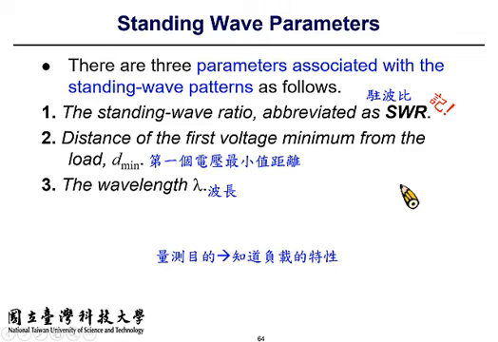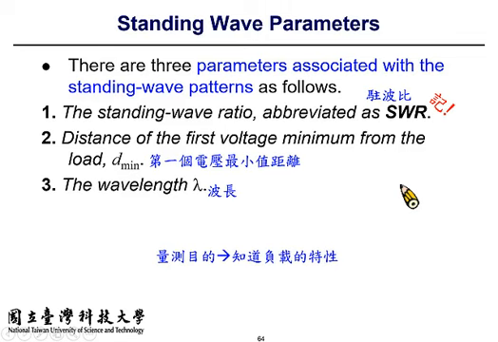So the three parameters we can derive from the transmission line experiment are the standing wave ratio, the distance of the first voltage minimum, and the wavelength. The three results will give you an idea about the property of your termination. So from the experiment, you have VSWR, you have the D minimum, the distance to the first voltage minimum, and the wavelength, and the three will give you the magnitude and the phase of the reflection coefficient.